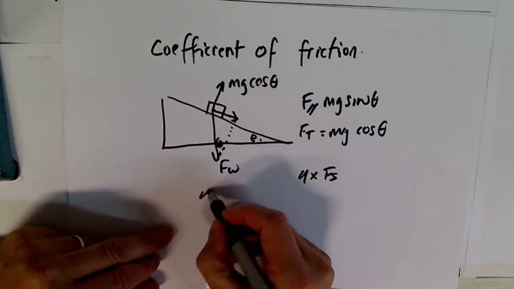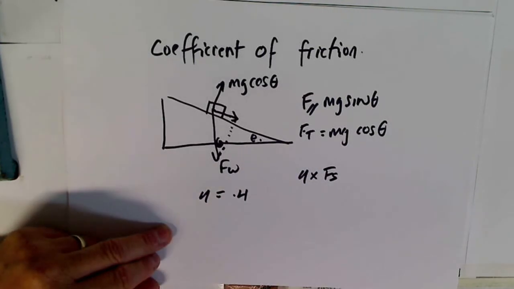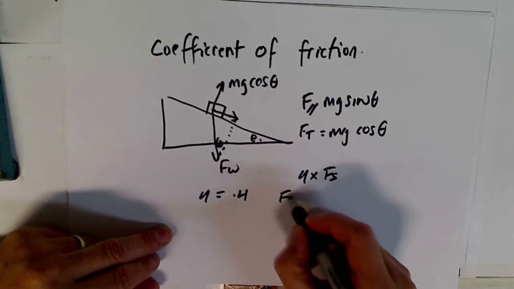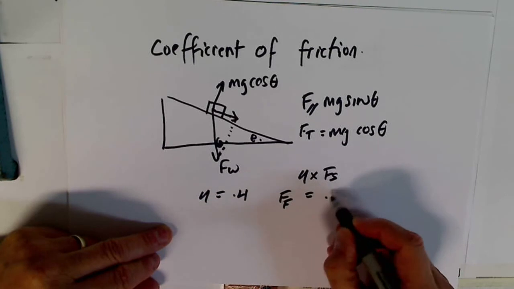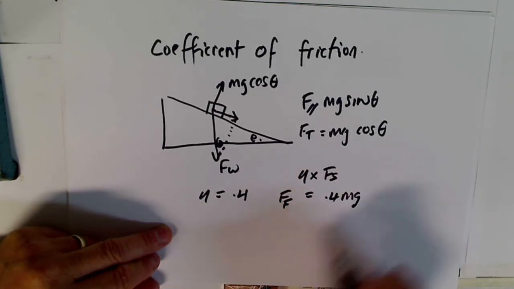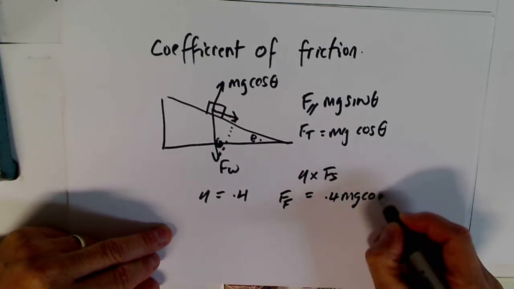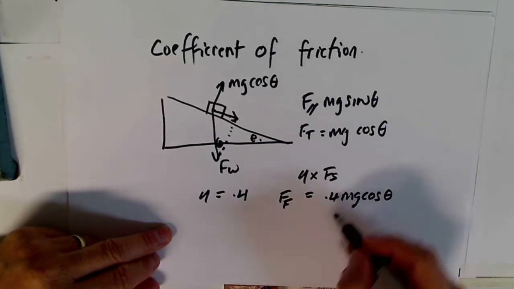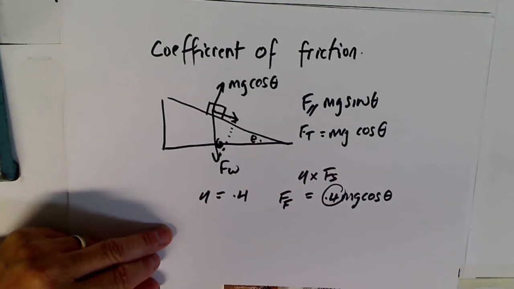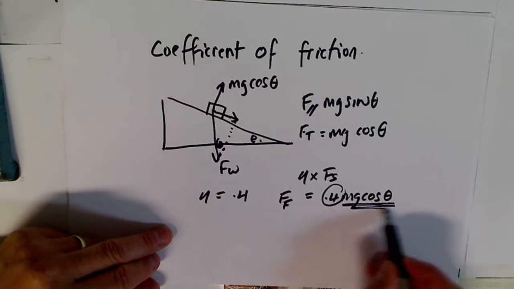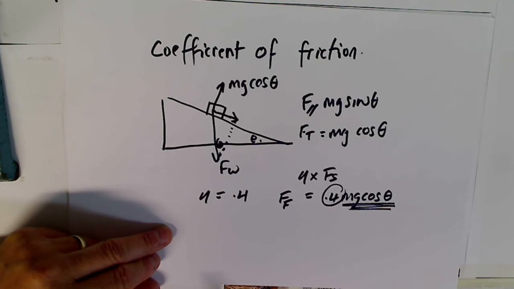So if mu equals 0.4, then the friction, Ff, will equal 0.4 times mg times the cos of theta. So the coefficient of friction just multiplies the reaction force by what you've experimentally determined the coefficient is. So we know the most we could have is mg cos theta as our reaction force.